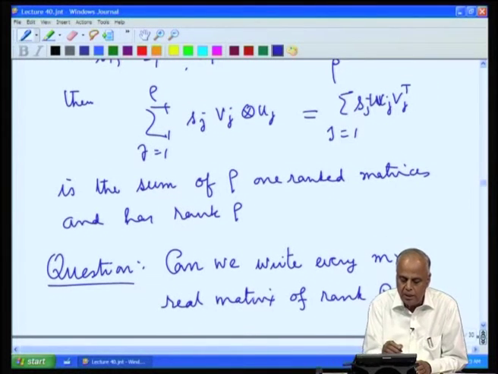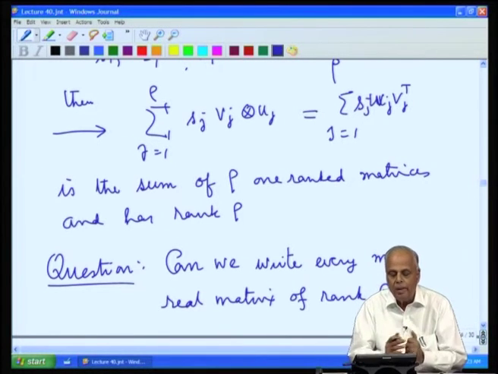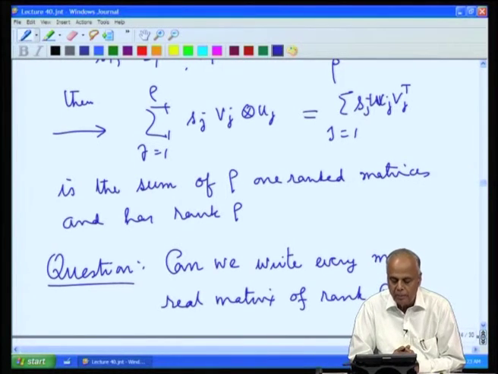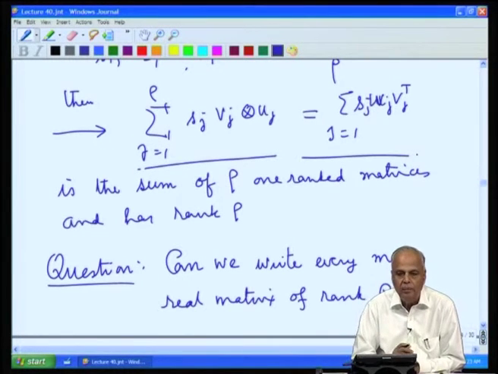The construction that we have here shows that we can generate a lot of rank rho matrices by putting together these rank 1 matrices.